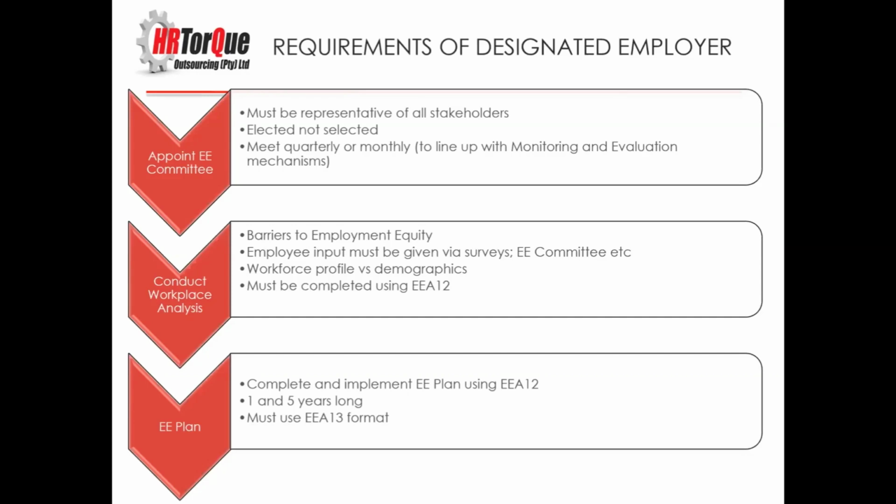So once we've now got our EEA 12, and we've put that all in place, that will identify what our employment equity barriers are. Remembering you don't necessarily have to tick all of the things. Some of them you may not have a barrier in. So once we've identified our barrier, we put a proposed affirmative action measure in place, which comes from the committee, and we then say, what is our deadline?